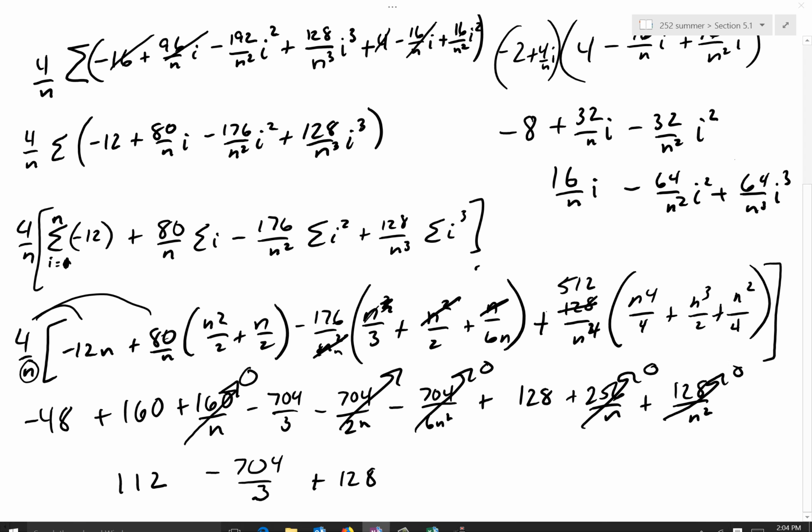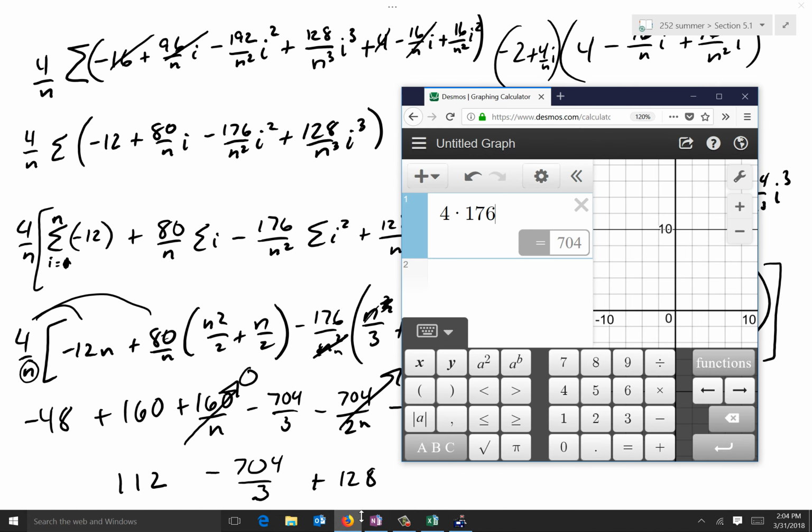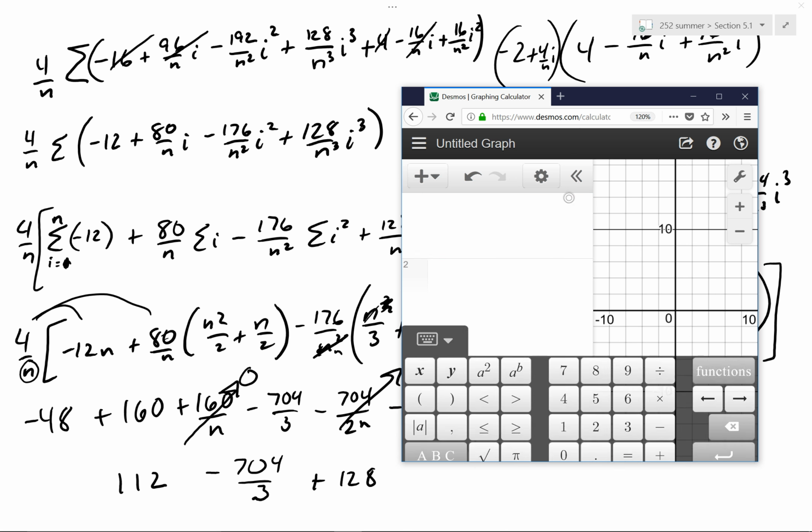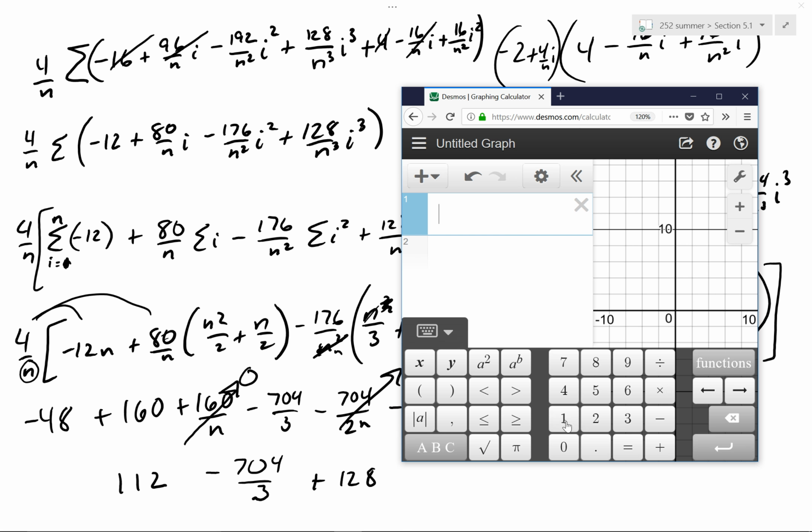So let's bring out the calculator and cross your fingers. Let's see if I did it right this time. Yes! 5 1/3. Attaboy. Second time's a charm.